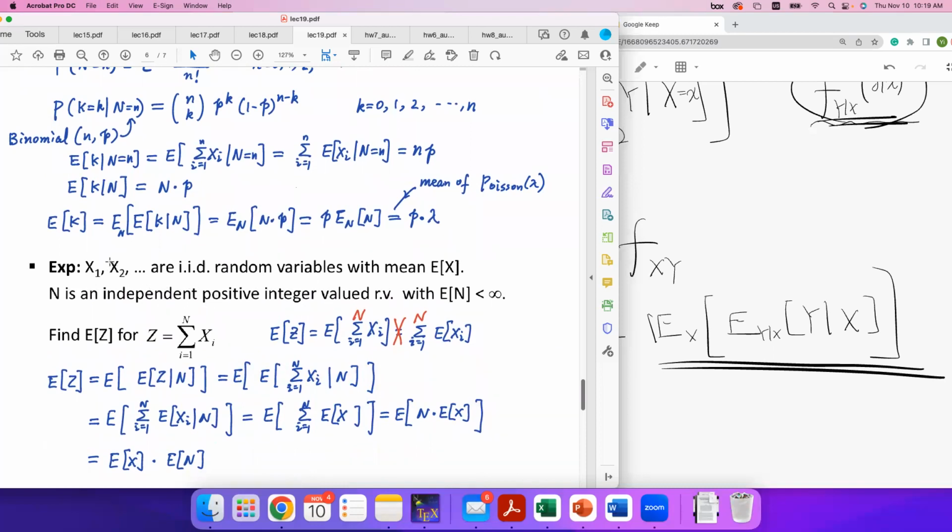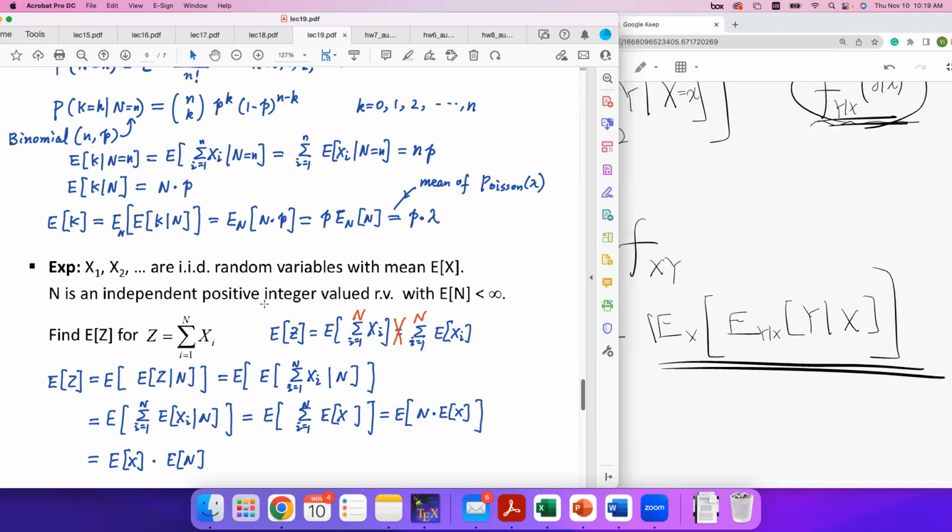For this example, we have a bunch of IID random variables with the same mean. IID means identically, independently distributed. Here, N is an independent positive integer.